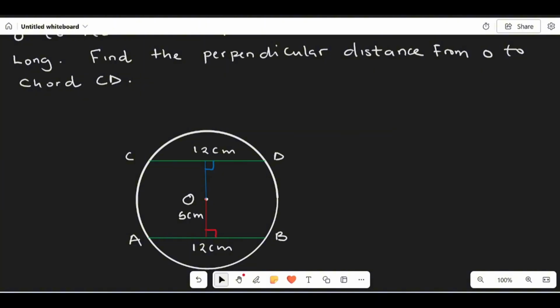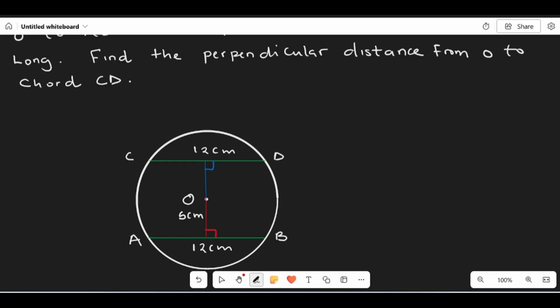Since chord AB and CD are equal, so by our theorem, equal chords are equidistant from the center. Therefore, we can say from O to our chord CD is equal to from O to our chord AB.